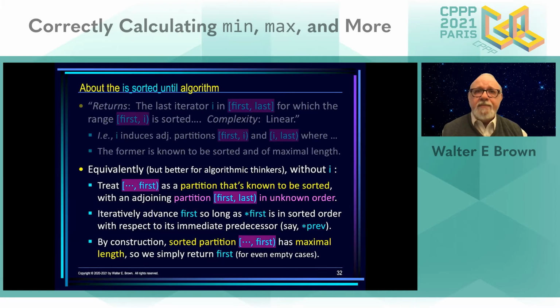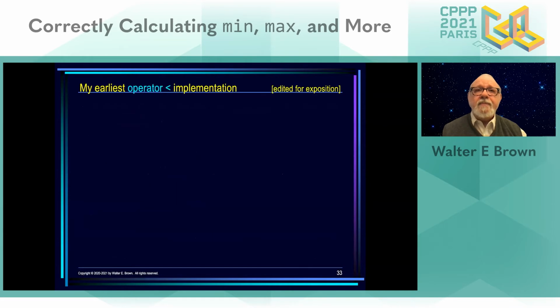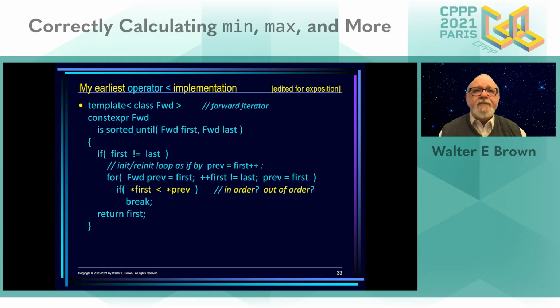Let's look at some code. This is my earliest implementation, the version that uses operator less than. It looked like this. We make sure that first to last is not empty. If it is, there's no work to do, and we can simply return first, because first will equal last, and it doesn't matter which one I return. If it's non-empty, then there's at least one item.